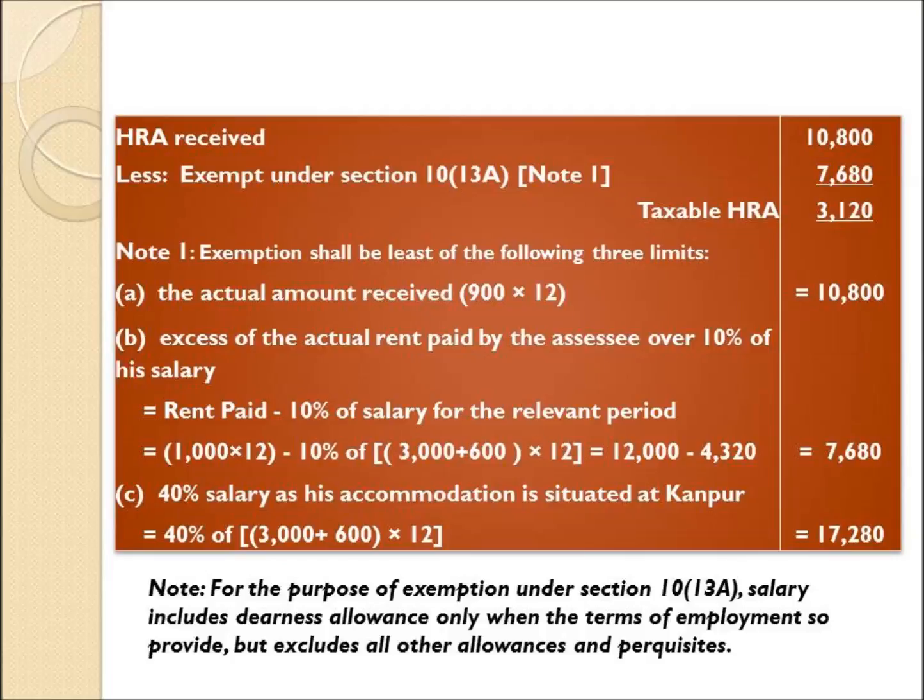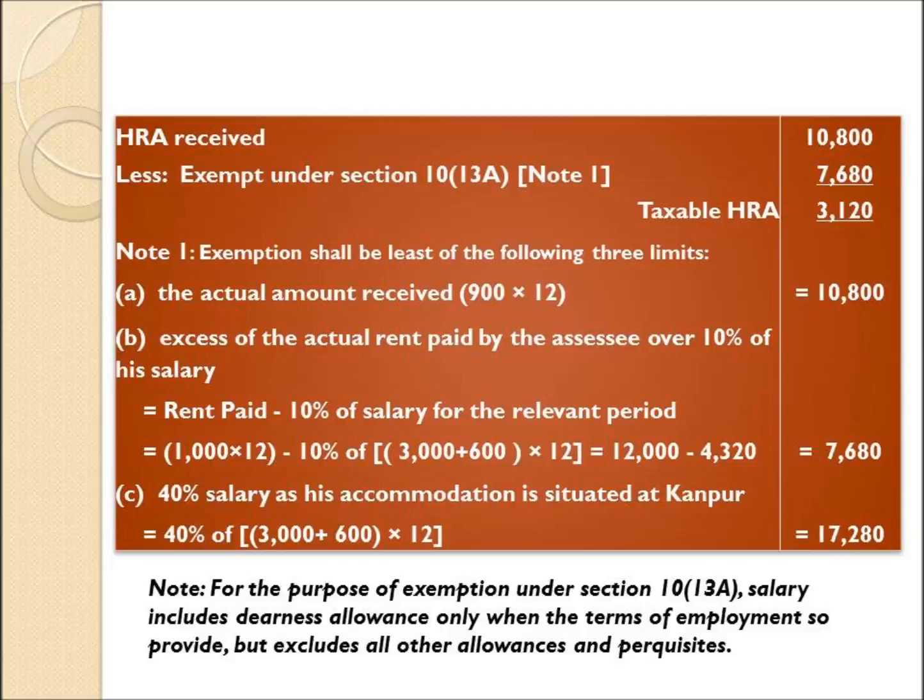Number 1 is the actual HRA received, that is 900 per month into 12 months is equal to 10,800 for the whole year. Number 2 is excess of the actual rent paid by the assessee over 10% of his salary, which we can mathematically represent as rent actually paid minus 10% of the salary for the relevant period.